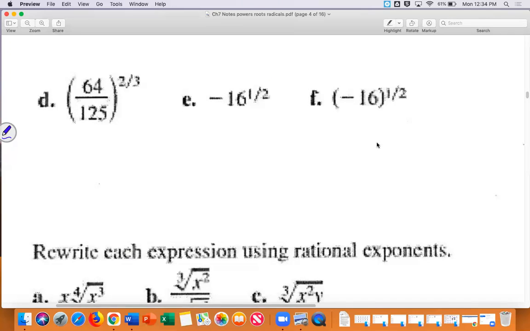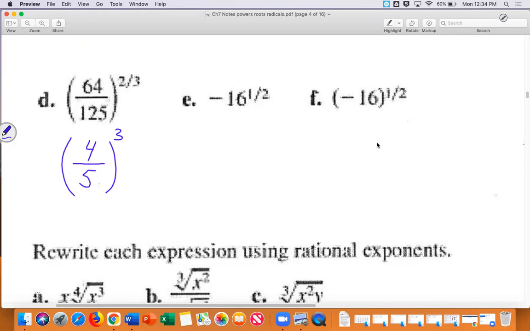And that's a real good one too. What about 125? How else could I view 125? So 64 over 125 is 4/5 to the third. Do you guys see how we got that?